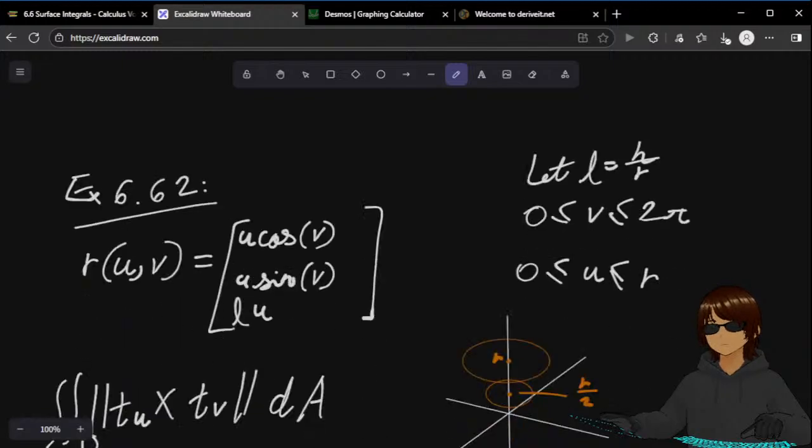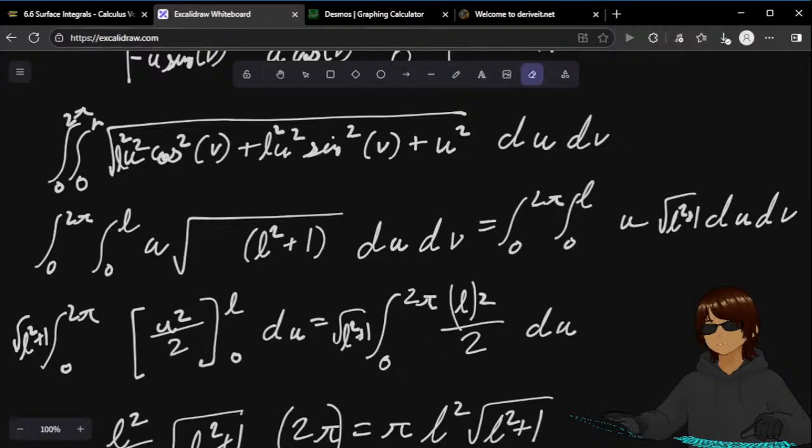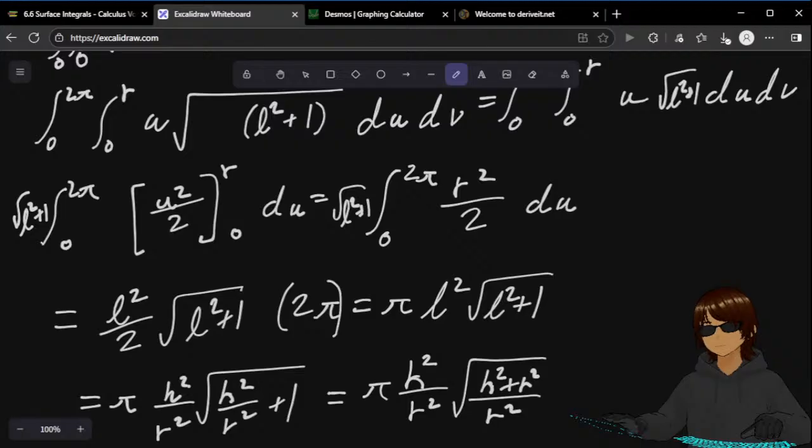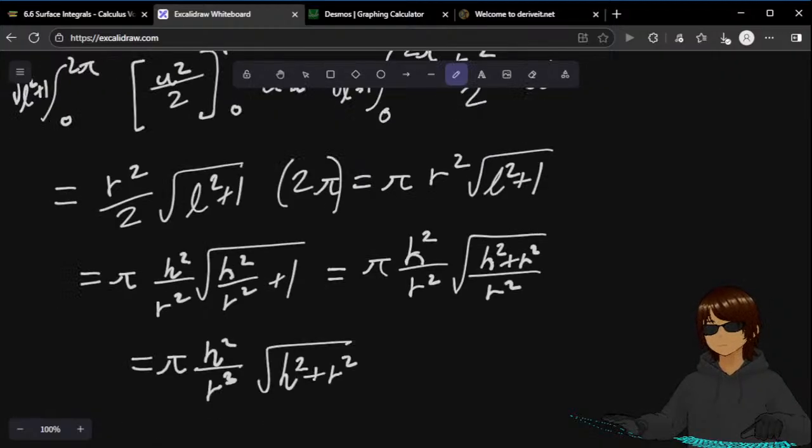U changes from 0 to R. Oh, U changes from 0 to R. From 0 to R, R square.